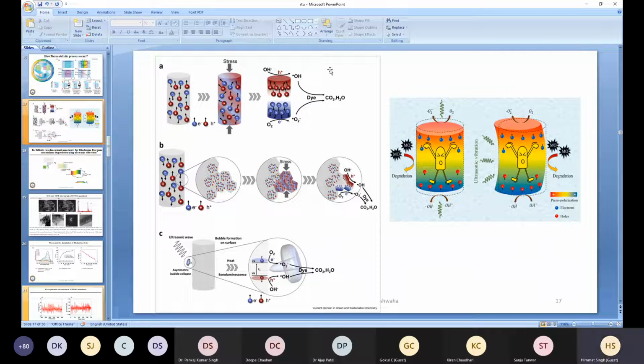So these are the modes of this piezocatalysis process. Basically, these three modes act within this process. One is the bulk polarization.